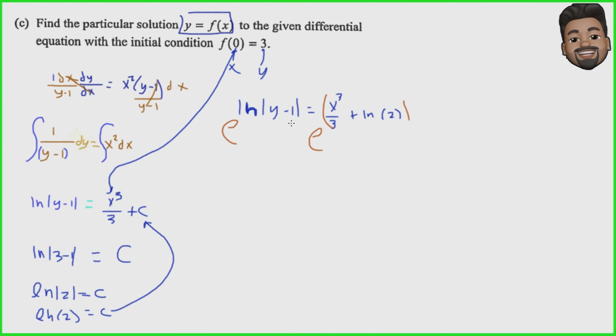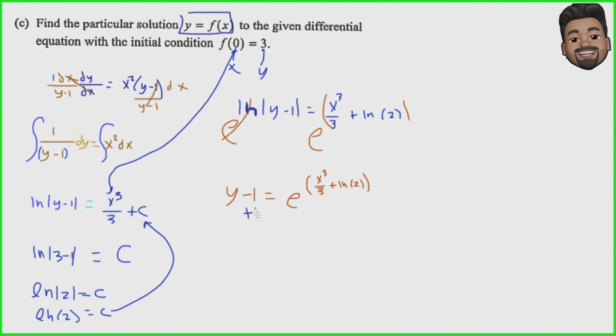We just go ahead and solve this out, y'all. The e and the ln cancel. We're going to get y minus 1 is equal to e to the. There it is. And really important, if you notice, I put an extra set of parentheses on the power of e so that they know that that was on the power of e and not plus ln of 2 on the outside.